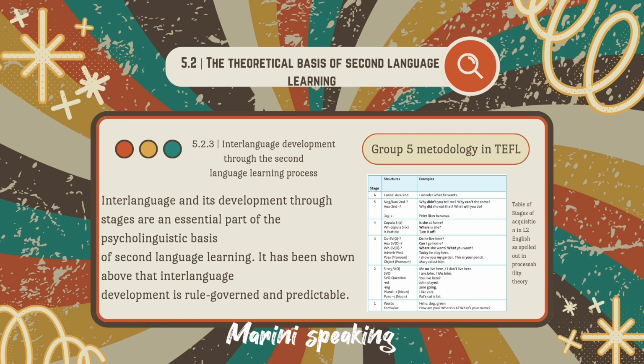Processability theory is a psycholinguistic theory of SLA designed to explain the phenomenon of stage development in SLA. It explores what goes on in the mind of a second language learner during the acquisition process.